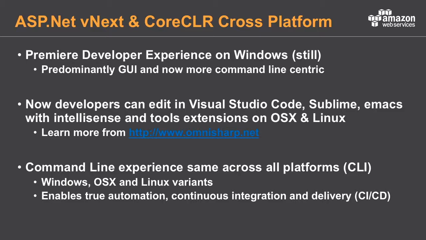Or you can use other third-party editors like Sublime and Emacs, all of which can now also use IntelliSense. IntelliSense is the pop-up context information that you normally get in your editor to prompt the developer with additional information about the code they're trying to write. All this is available open source. If you visit omnisharp.net, you'll be able to download tools that plug into those editors to give you things like IntelliSense.